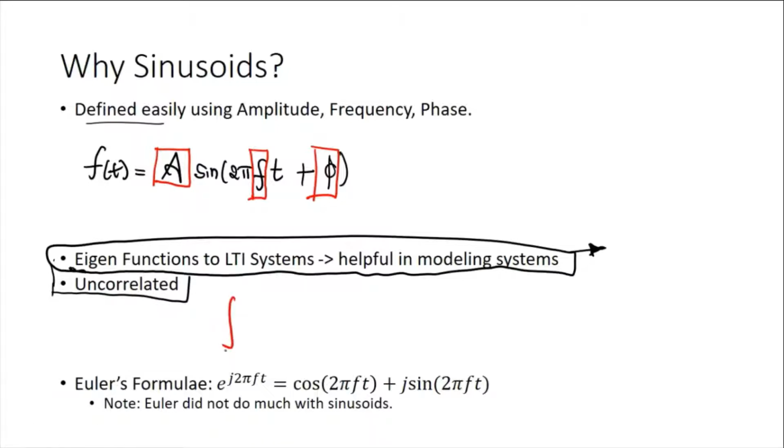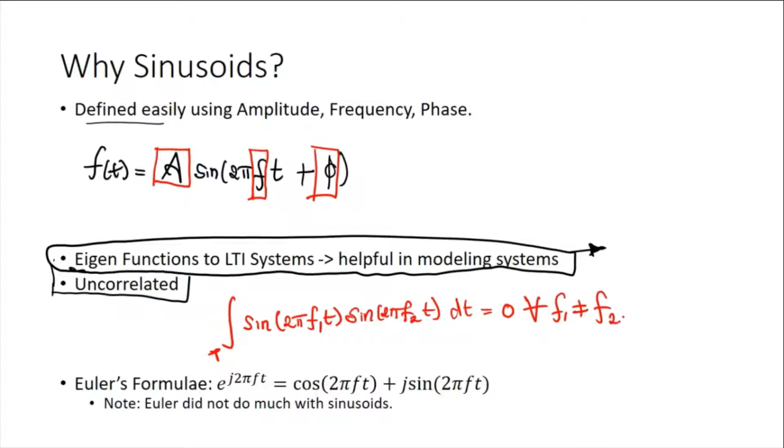Integration over one whole period T of sine of 2 pi f1 t times sine of 2 pi f2 t dt equals 0, for all f1 not equal to f2.